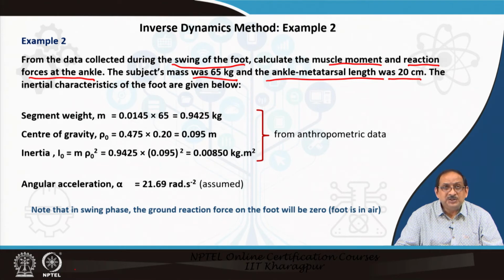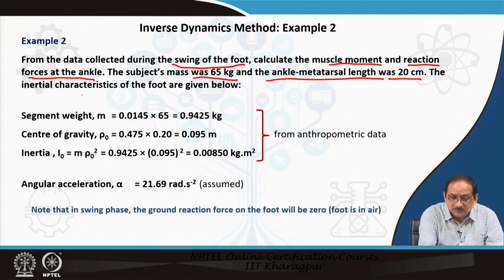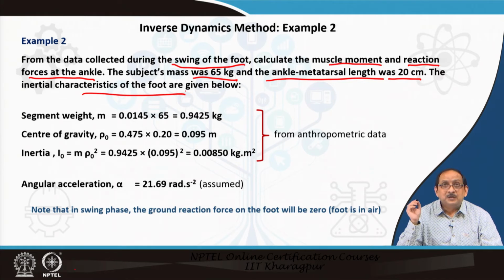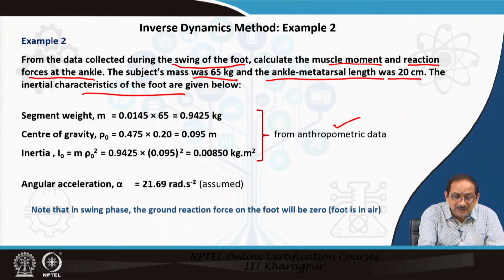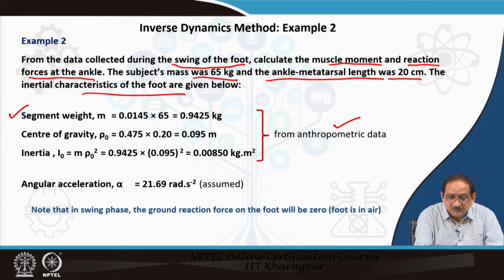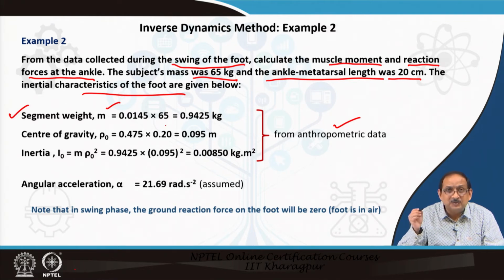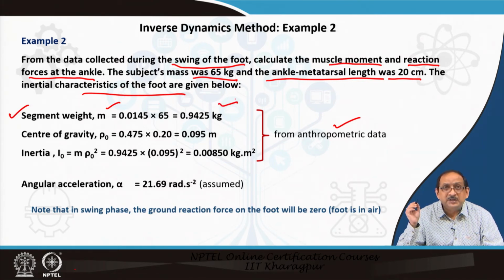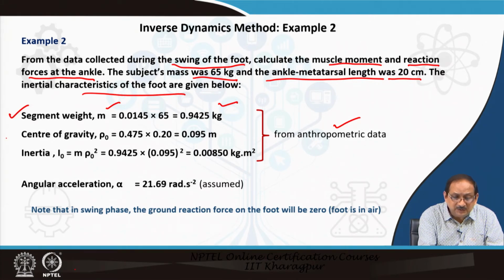So, the inertial characteristics of the foot can be actually calculated based on the anthropometric data which are given here. The segment mass is calculated in terms of the body weight, 0.9425 kg is the segment weight.